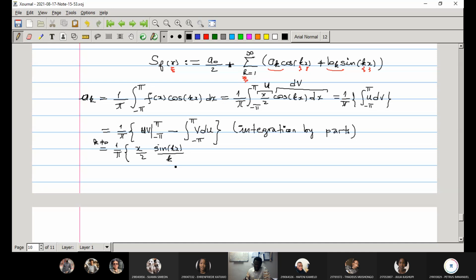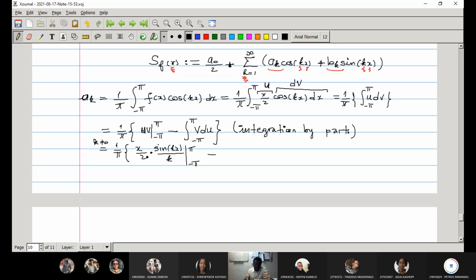That's when I can write this. Okay, so this factor of this, I will evaluate it from negative pi to pi. Now I have minus. Okay, so I already have my v. This is v. It's already there, so I can substitute it directly here.